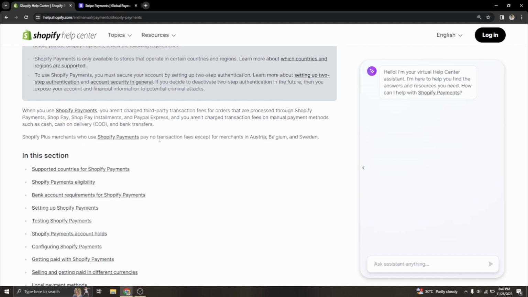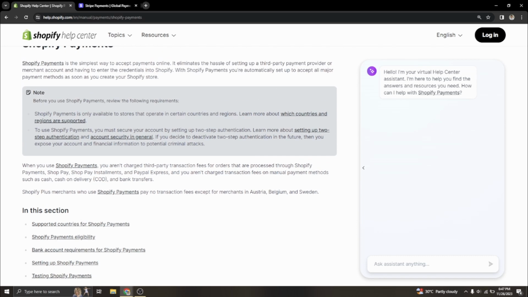Here again, when you use Shopify Payments, you will not have to pay third-party transaction fees. So that's the difference between Shopify and Stripe.